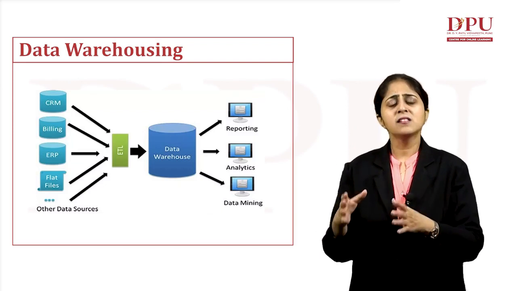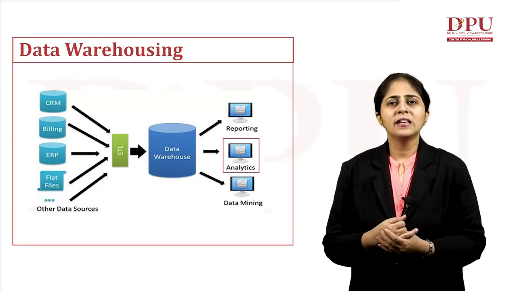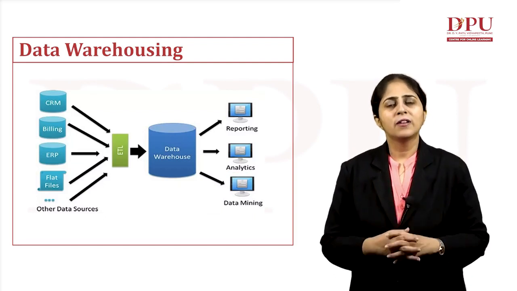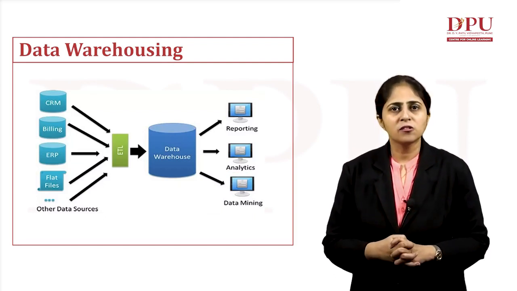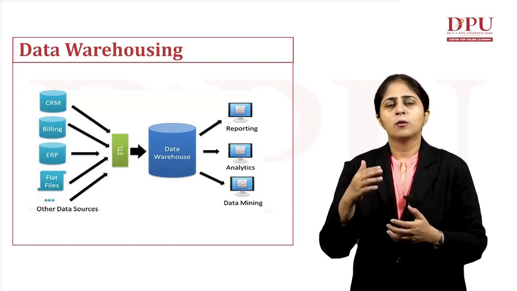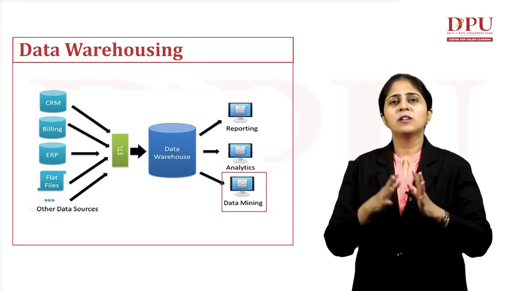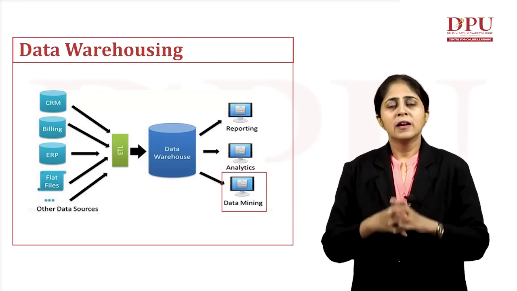Data analytics can happen. We can analyze all the data that we have in the data warehouse using various data analytics tools. We can also check the trends of our data, which we can do with the help of data mining. So that is the basic structure of a data warehouse.